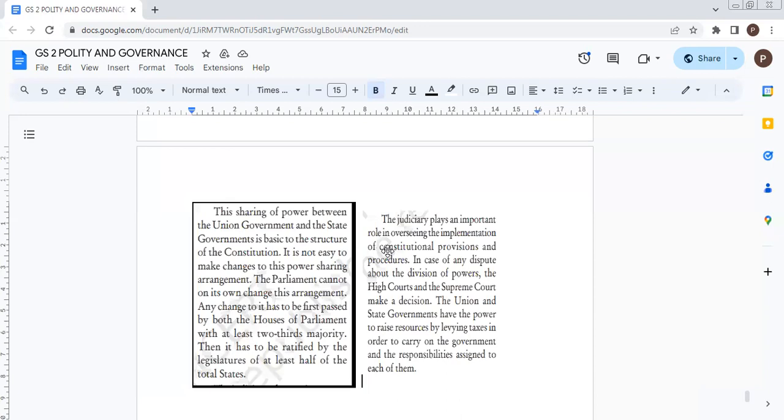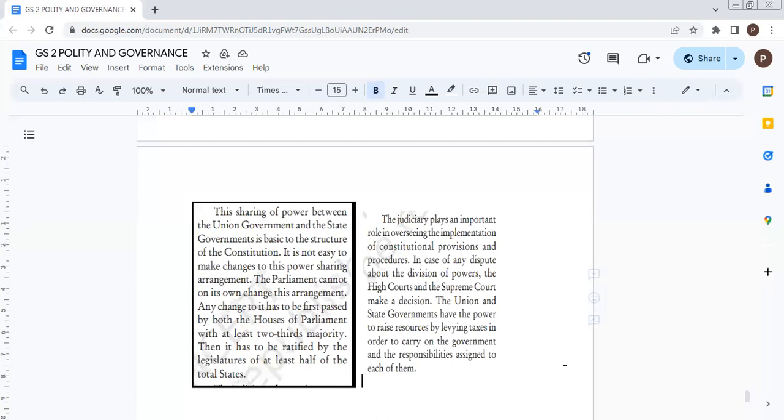But in case you want to change the subject from one list, or shift or transfer a particular subject from one list to another, then you require the special majority, that is a 2/3 majority of the total membership of both the houses, along with ratification of half of the state legislatures, so as to shift that particular subject or number of subjects from A list to B, B to C, and C to A, and vice versa.